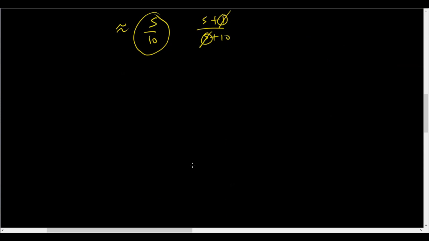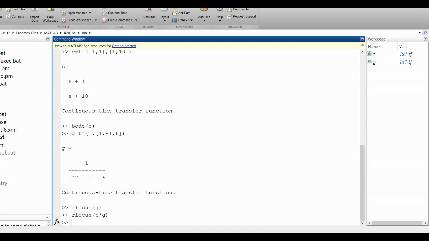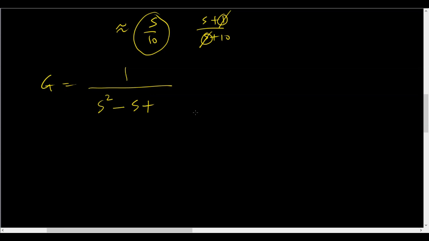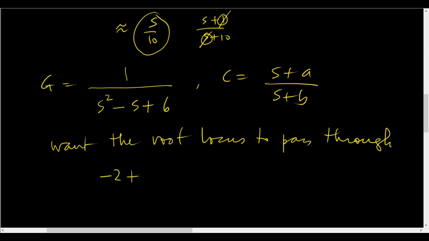So suppose G is 1 over s squared minus s plus 6, C is equal to s plus a over s plus b, and we want the root locus to pass through minus 2 plus 5i due to design needs.